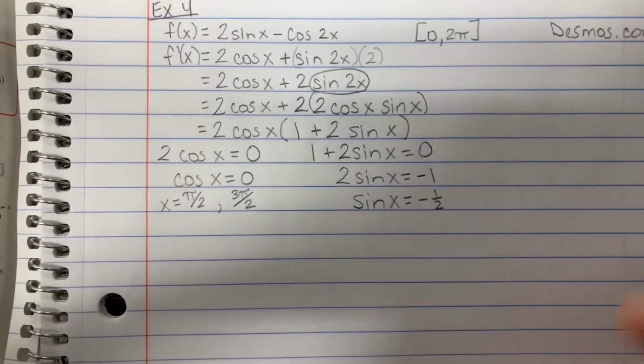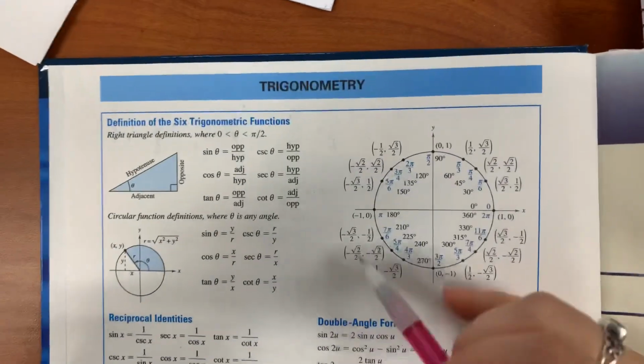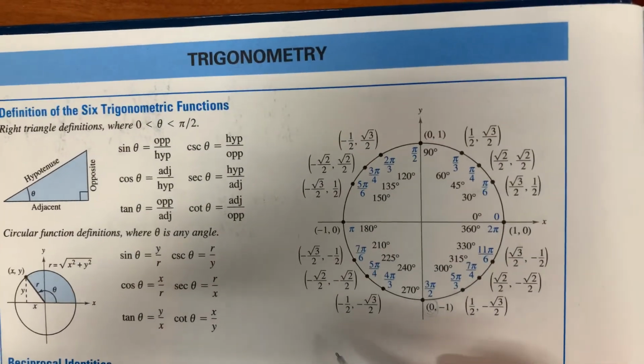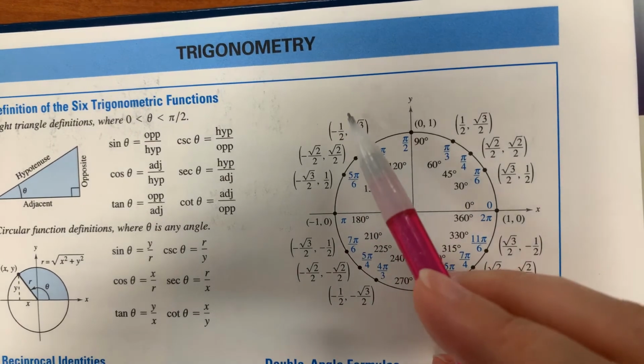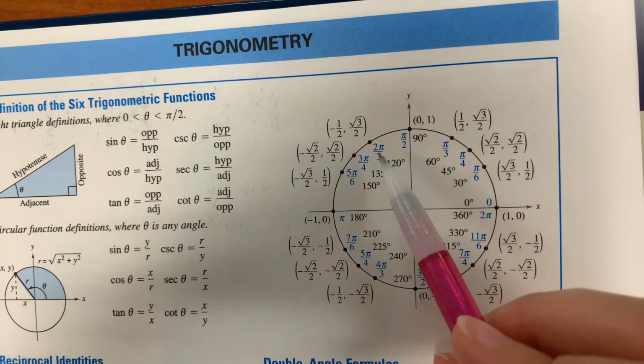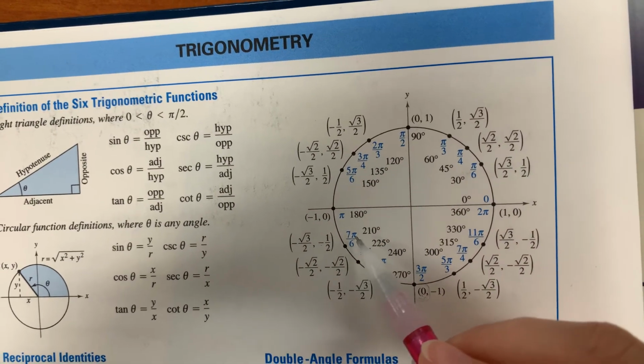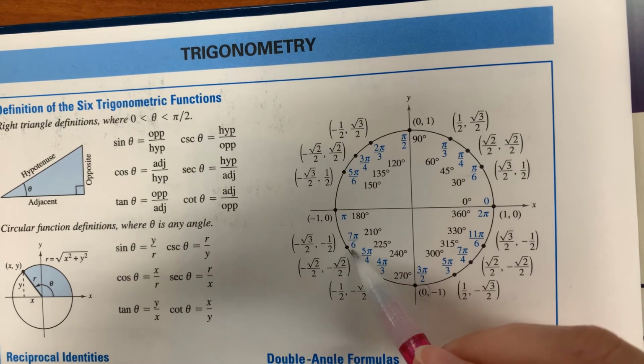Okay, the other situation is when is the sine of x -1/2. So let's go back over here. Sine is your y value. So when is sine -1/2? I'm looking here, I've got one. I'm sorry, my y value, guys, right here, -1/2. So 7 pi over 6 is where that's happening.